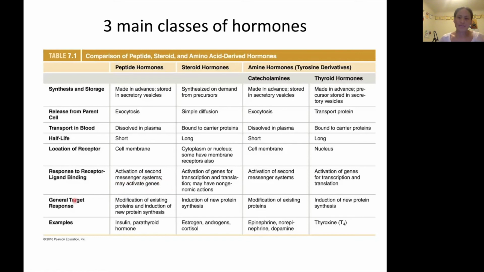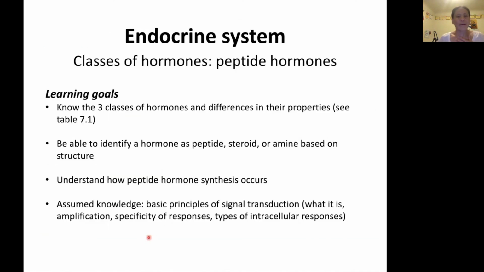And if you remember from our discussion of second messenger systems, the end result of that signal transduction cascade is to modify existing proteins. Induction of new protein synthesis is more of a result of activating the genes. And then here are some examples of peptide hormones. Okay, so that's the end of our discussion about peptide hormones.